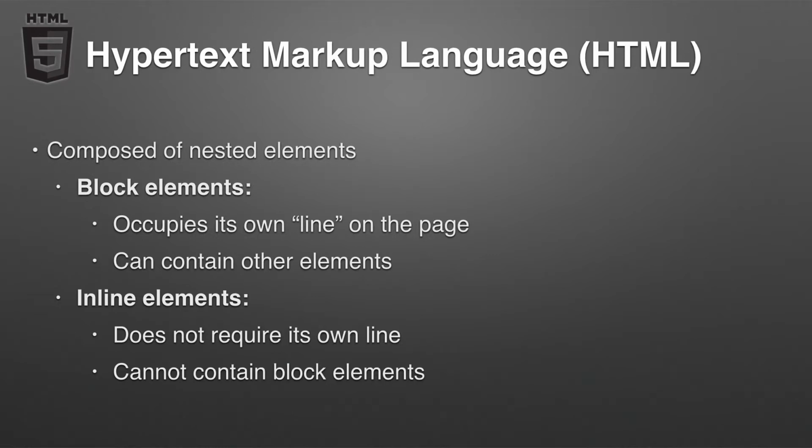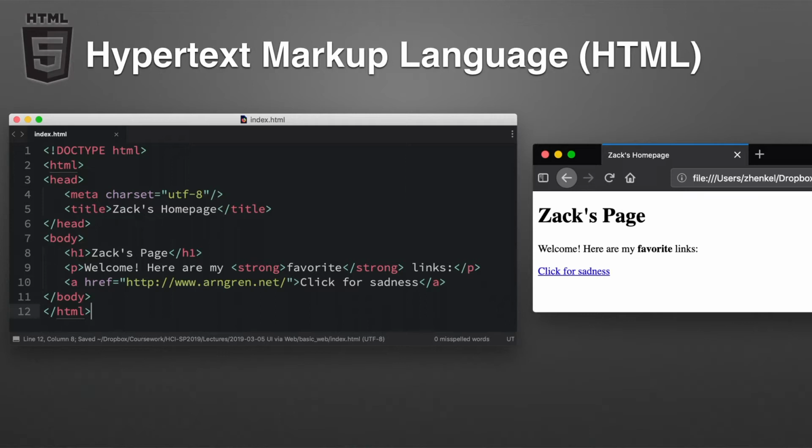Whereas an inline element doesn't require its own line across the page. And this becomes important when we start to lay things out. It's not something you have to think about actively all day, but it is something to tuck away in the back of your mind that might be helpful later: there are these two types of elements and they behave differently.